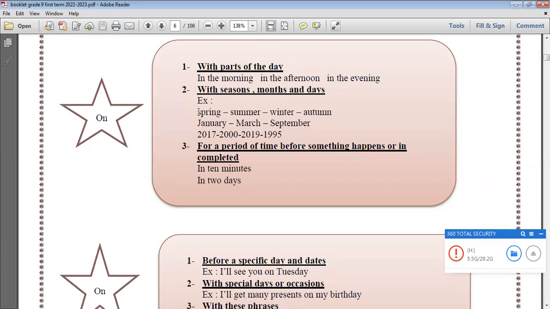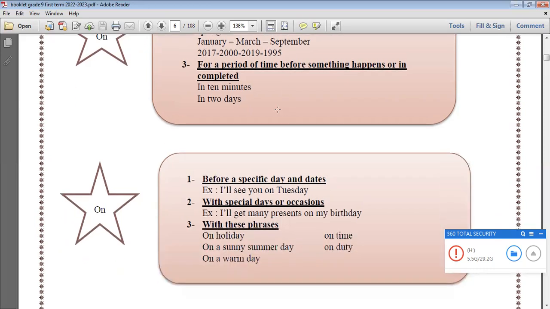I'm sorry, I think it's a mistake here. It's written days, but this is years. So you can say on Saturday, on Sunday, on Monday, on Tuesday. The last one is for a period of time before something happens, like in 10 minutes and in 2 days.